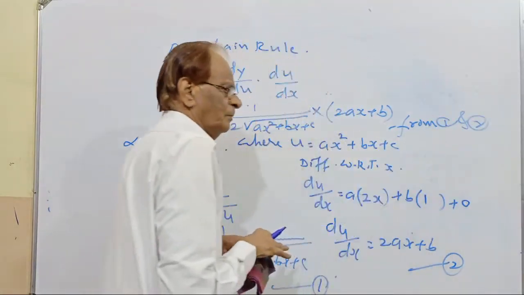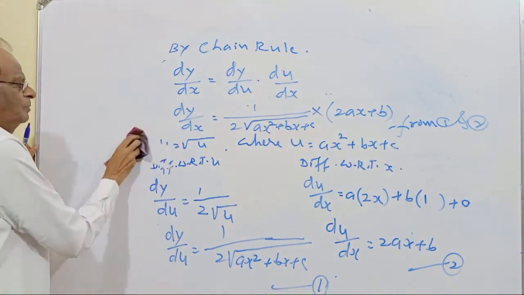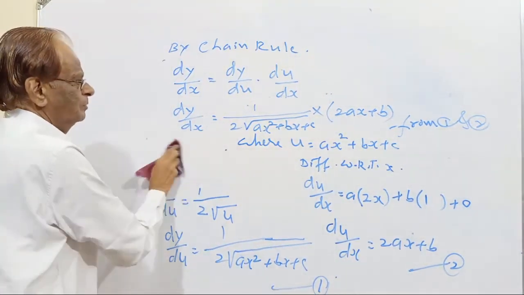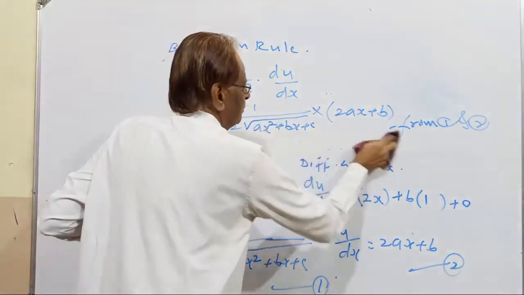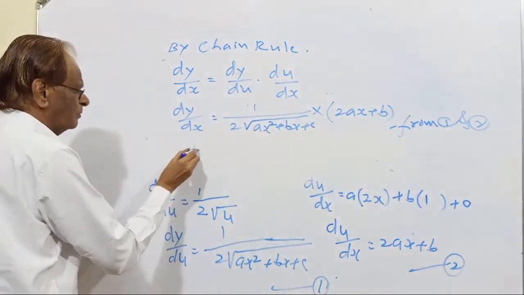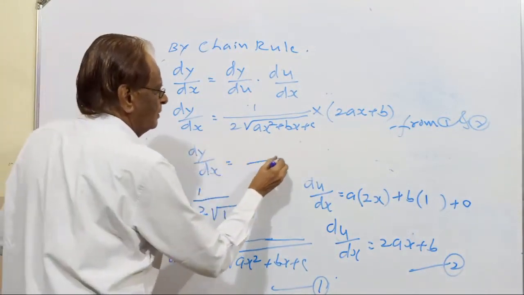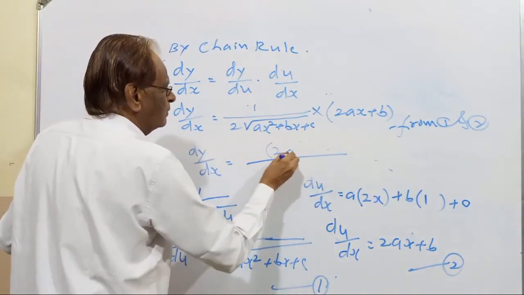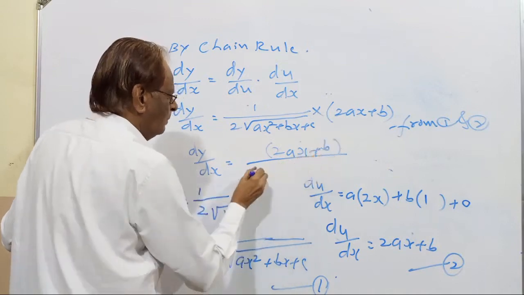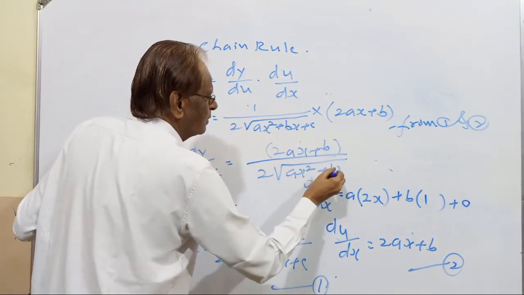From 1 and 2, therefore, dy by dx equals 2ax plus b by 2 root of ax squared plus bx plus c.